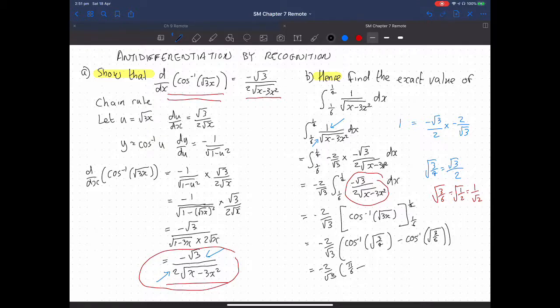So that is inverse cosine of 1 on root 2, which is pi on 4.